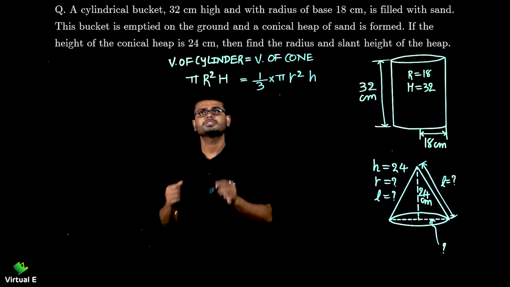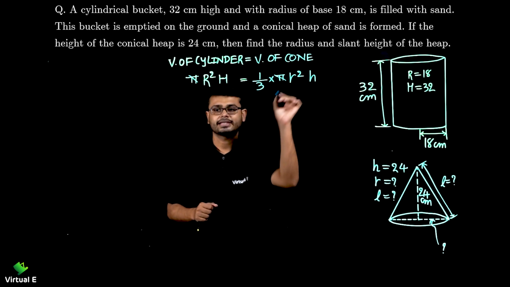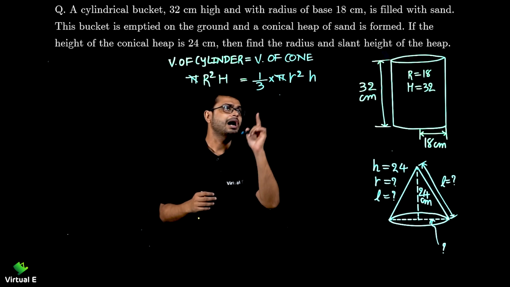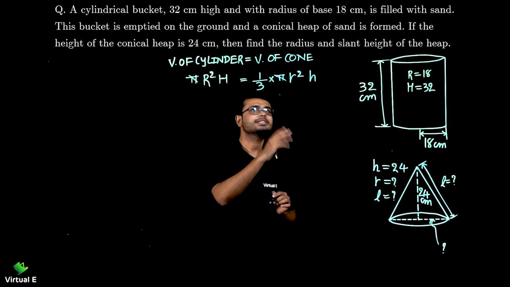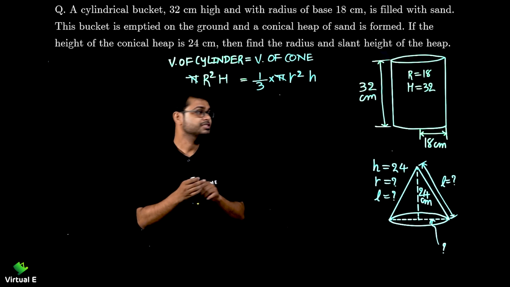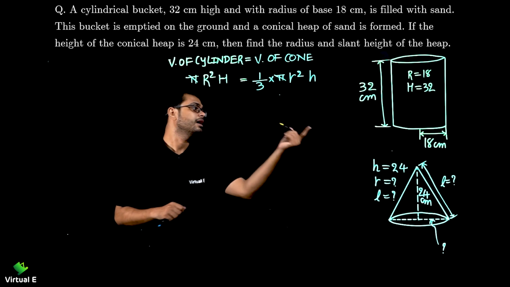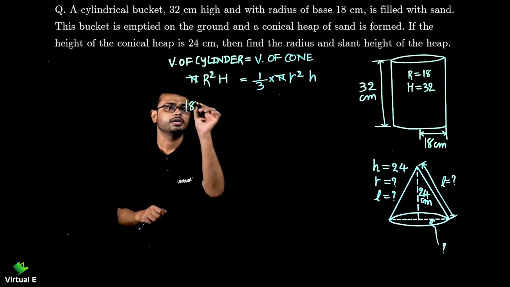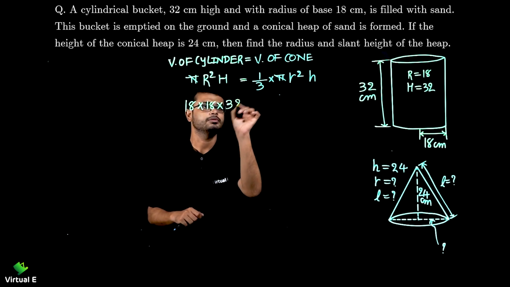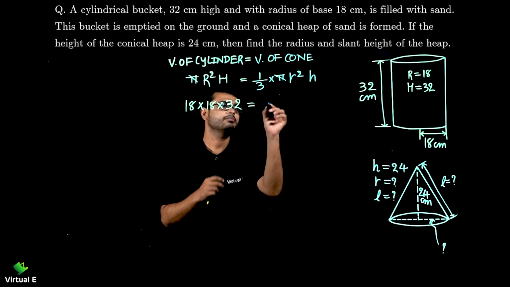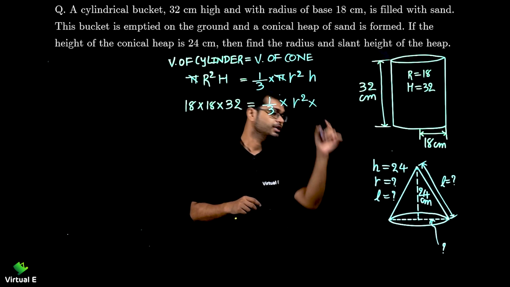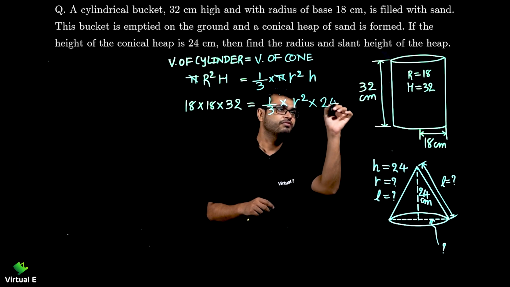Done. Now see, pi and pi can get cancelled, simple. Now let's substitute the values and get the value of r, because r is missing, remember. The rest of the quantities we have, for the cone and for the cylinder. So let's start with the substitution. Here R is 18, 18 multiplied by 18, H is 32, is equal to 1/3 into r square as it is, into h, which is 24.